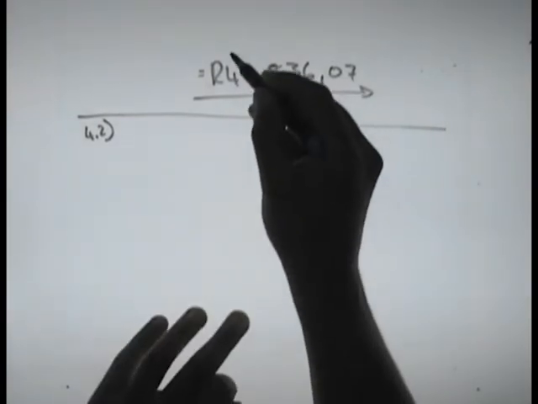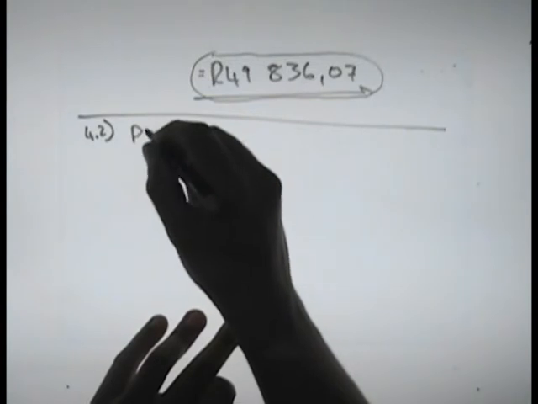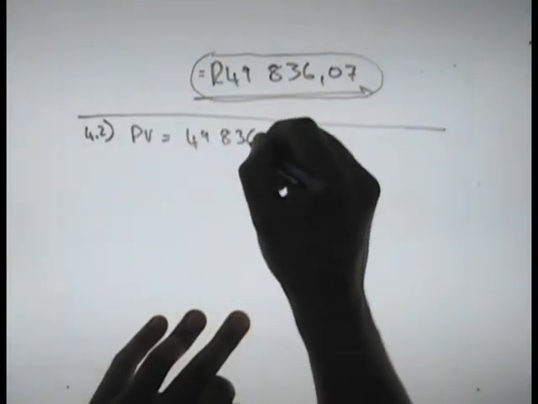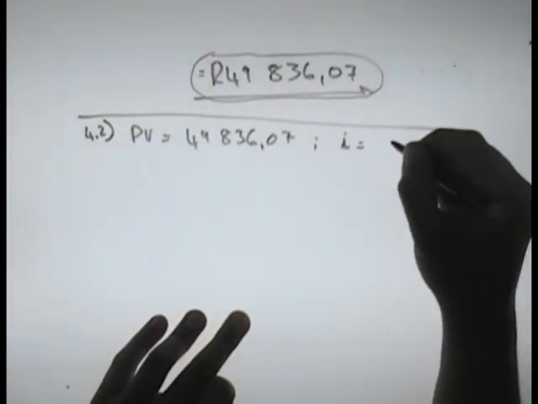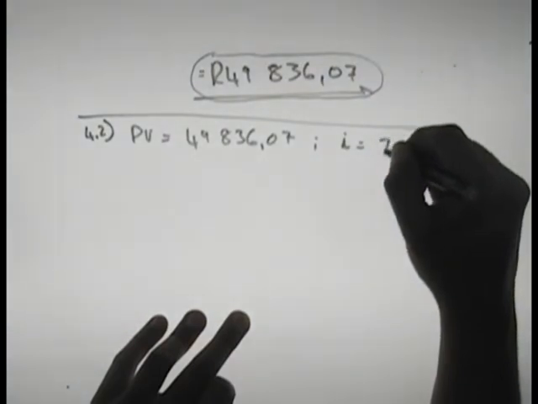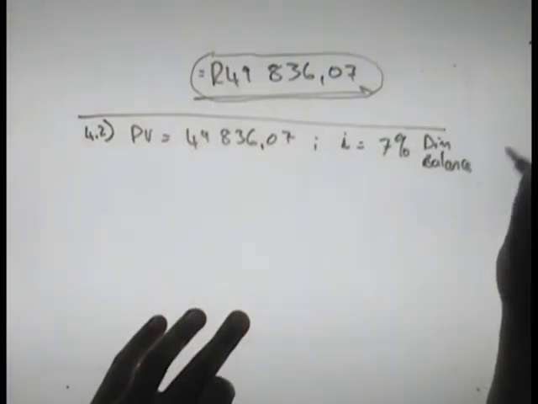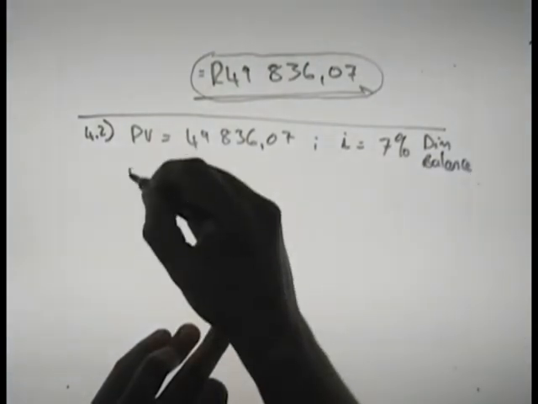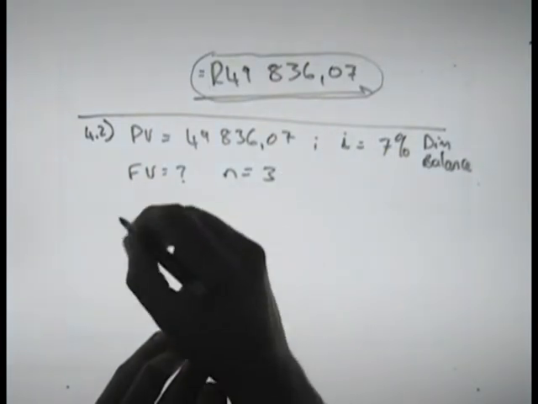So we're still starting off from this point: this was our original cost, our present value was 49,836 Rand and 7 cents, except our depreciation is now still 7% but on diminishing balance, which is basically compound depreciation. Our future value is what we are trying to calculate, and our number of years is still 3.